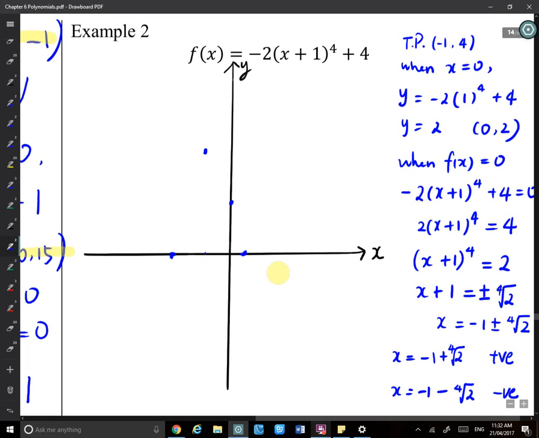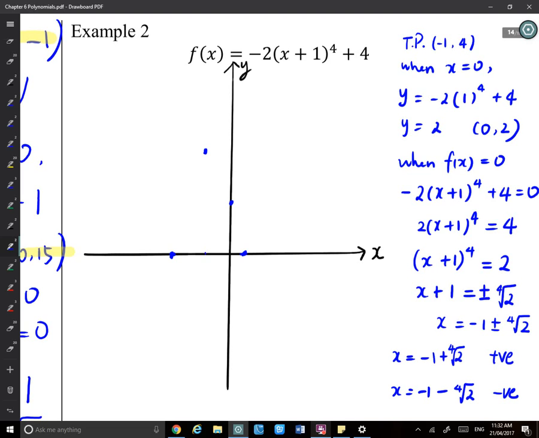Make sure those two points are symmetrical about the line x = -1, because it's the same as a quadratic, so it must be symmetrical. The two x-intercepts must be symmetrical about x = -1, which is the turning point.